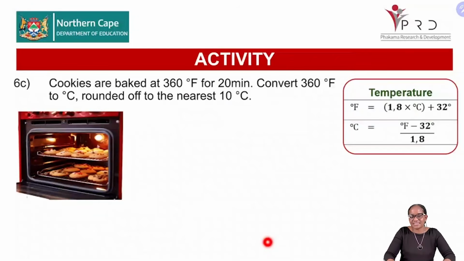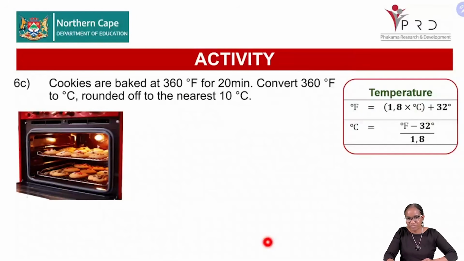Cookies are baked at 360 degrees Fahrenheit for 20 minutes. Convert 360 degrees Fahrenheit to degrees Celsius, rounded off to the nearest 10 degrees Celsius. So we have two questions to answer here, class.